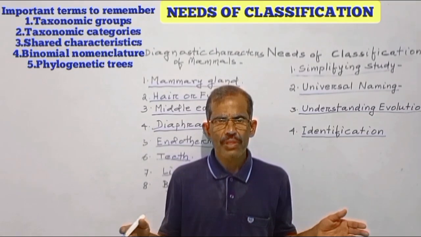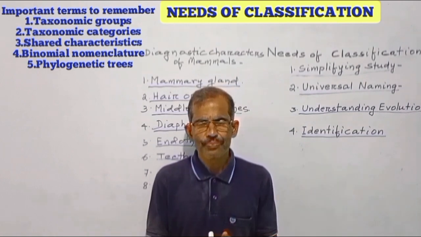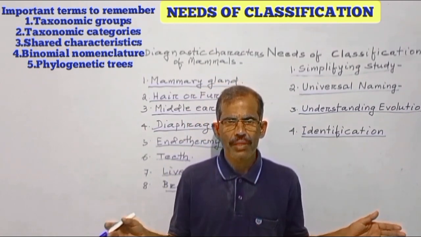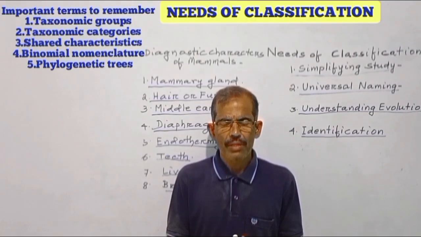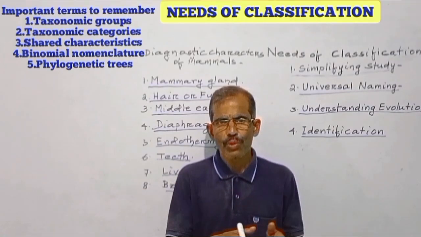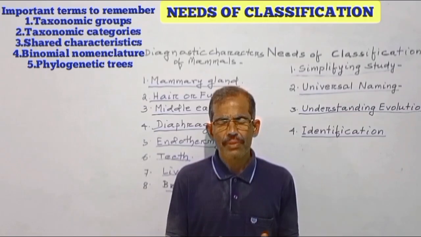Now the question is how to identify an unknown organism. For this, first of all, we have to determine its diagnostic characteristics and then compare those characteristics with other organisms which have already been identified and described.